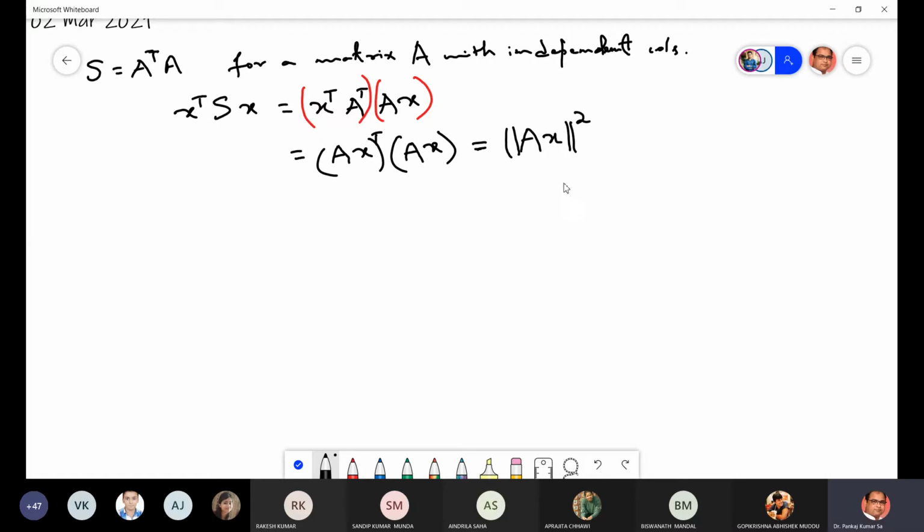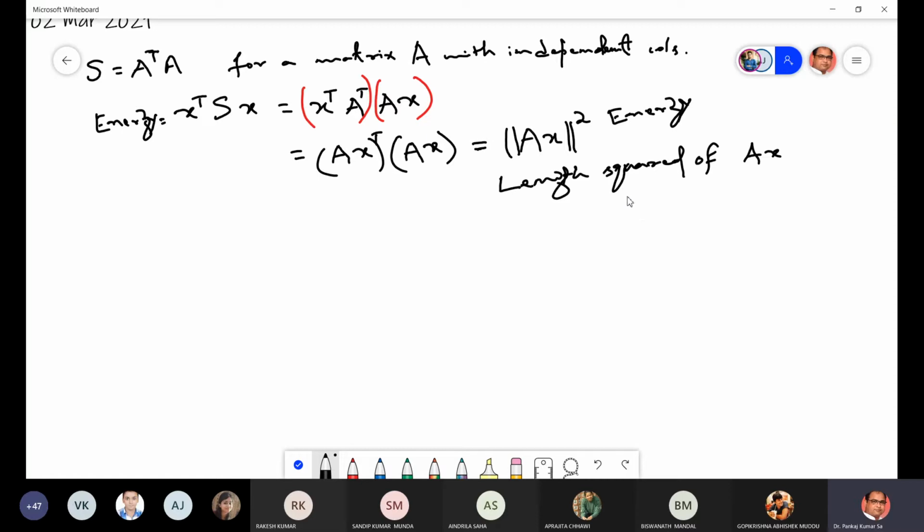So this is nothing but the length squared of the vector Ax. This is the energy, right? And this is the new form of energy we got.